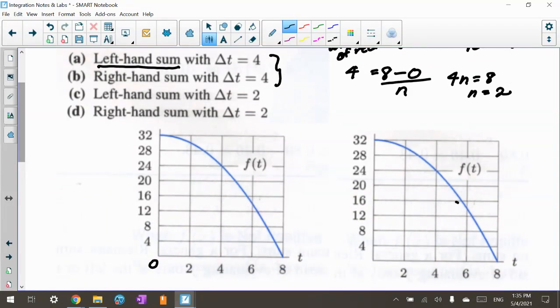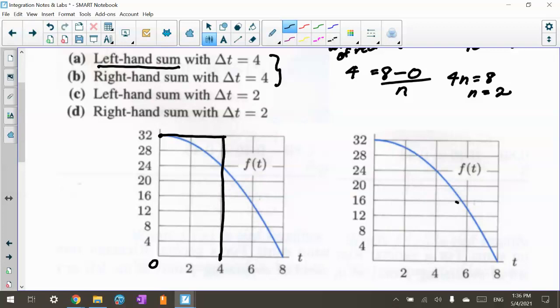When I go to do this, I want you to see what I've got here. I'm going from 0 to 8, and they said 2 rectangles. They said delta t is 4, so they're 4 wide. So here's the base of 1 rectangle. Now when we do the left-hand sum, I'm going to change up colors a little bit. You start on the left, you come over to the 4, and you come down.